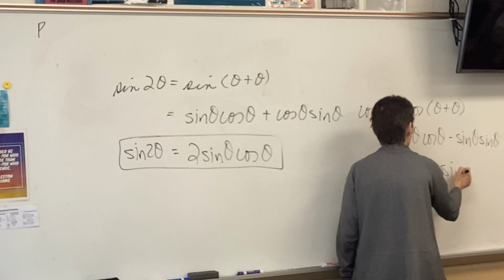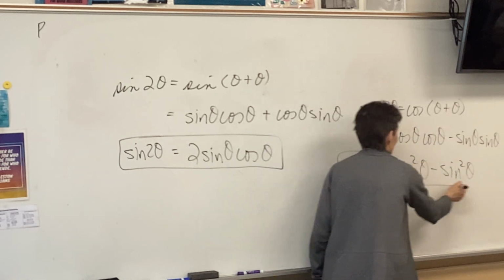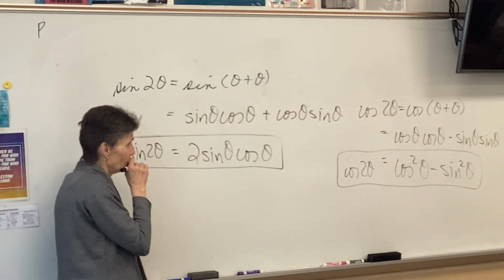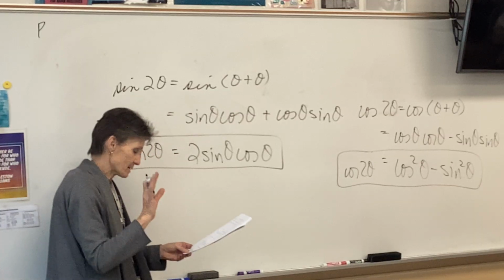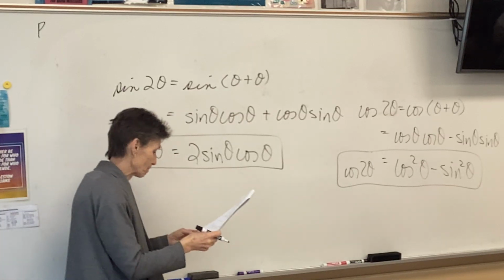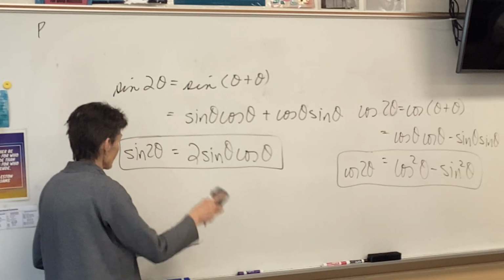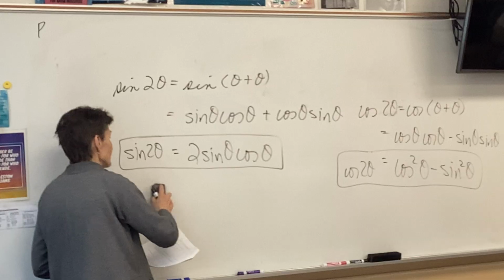And isn't that what we're memorizing for the cosine of 2 theta? Okay, so that's what number 3 is about. These are called your double angle identities. You need to know them.